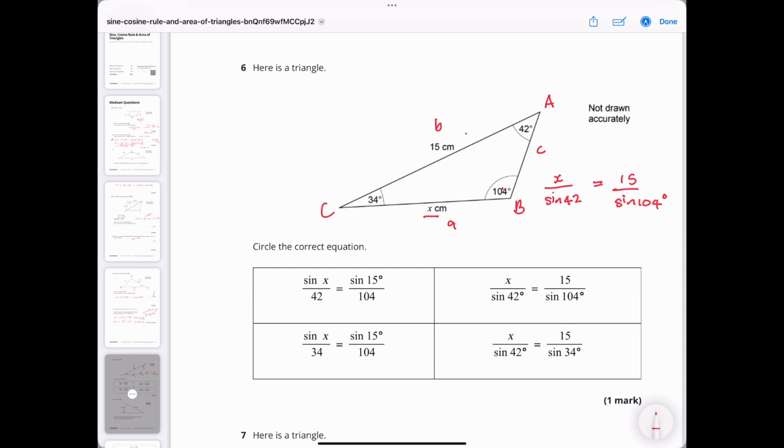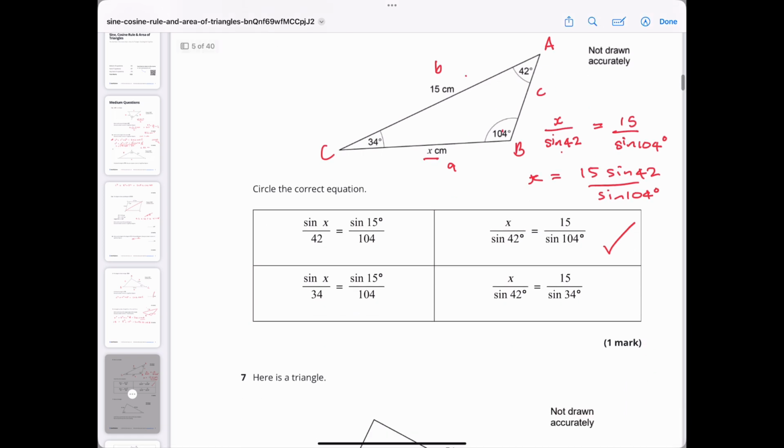So that now means that in order to find out what x is, I just times by sine 42, which is dividing x. So x must equal 15 sine 42 over sine 104. But basically, it's this one there. That will get you the answer.